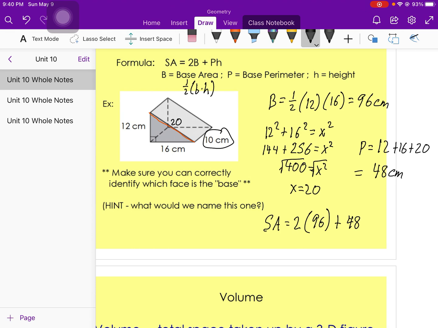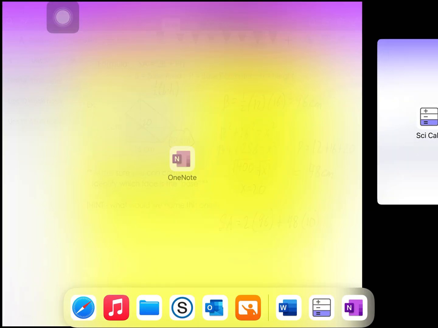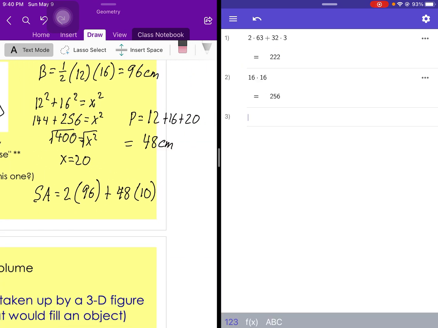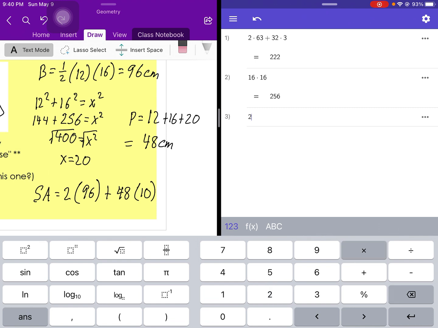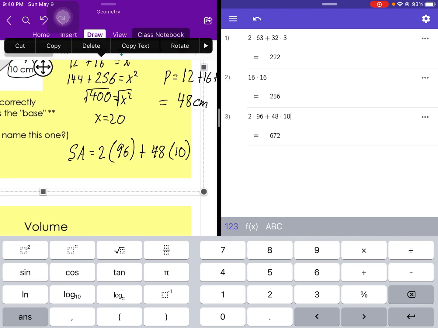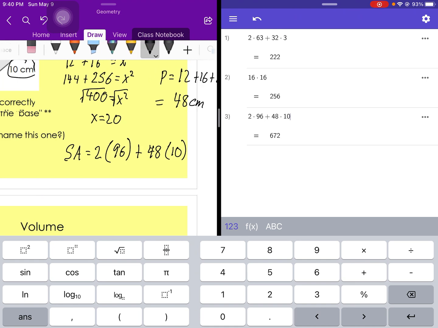It's the value that we didn't use. It's the distance between our bases. So make sure that you're careful when identifying that part. All right, so 2 times 96 plus 48 times 10, we get 672. And that would be centimeters squared.